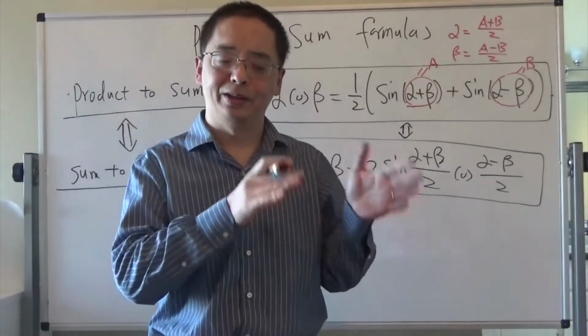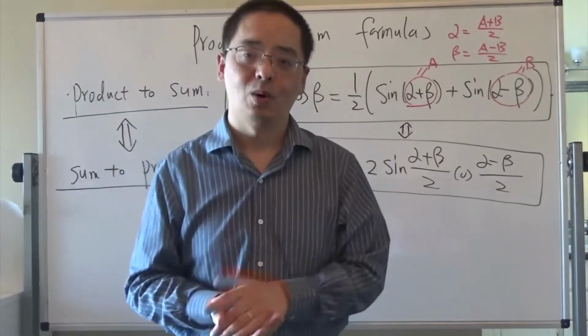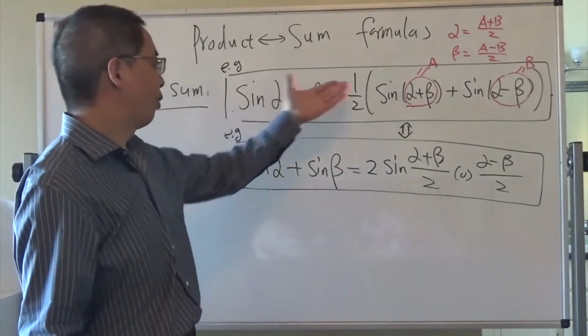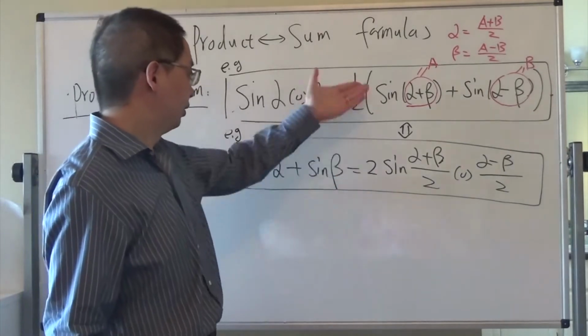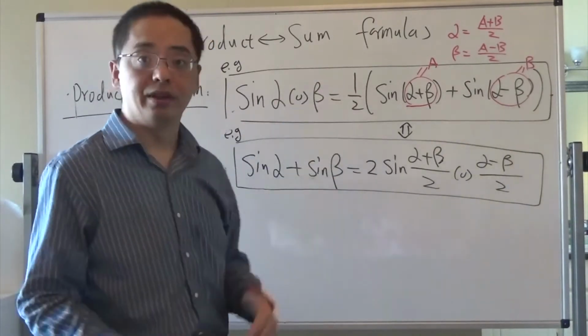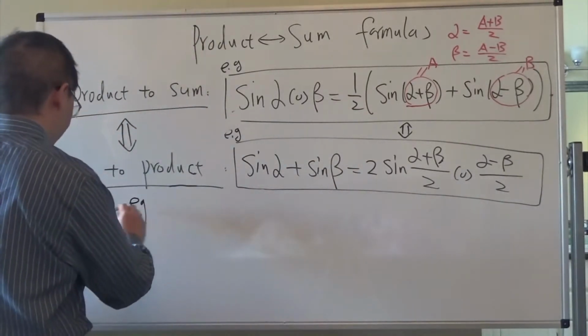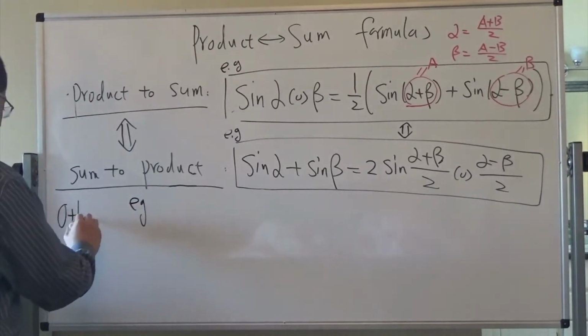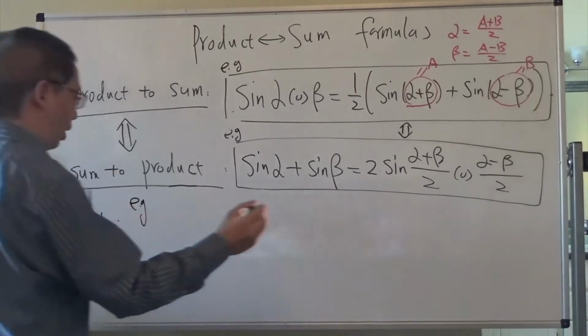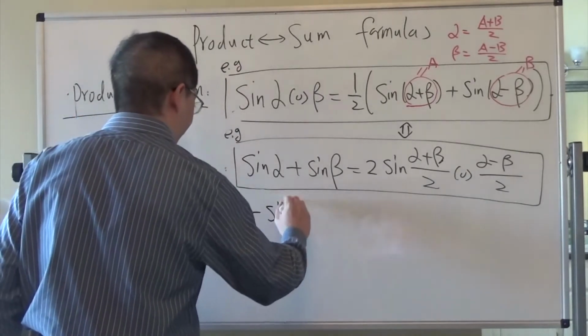Similarly, we can deduce other product to sum or sum to product formulas. You just need to memorize that these two are equivalent, and then you can deduce the others from these two. For example, I want to get sine alpha minus sine beta.